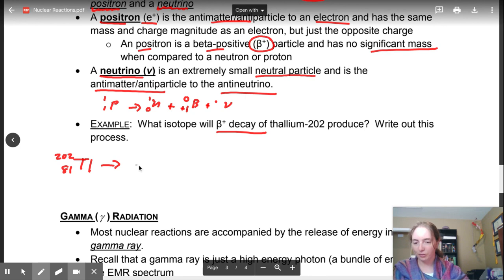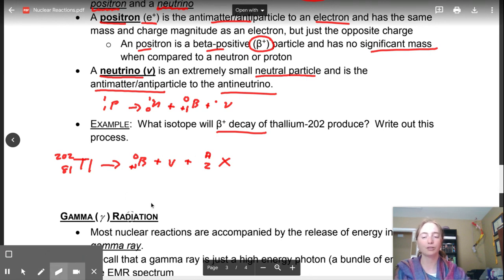So we're going to get ourselves a positron, some antimatter. We're going to have a neutrino, and then we have our unknown element here. A is going to be 202, using our conservation of mass.